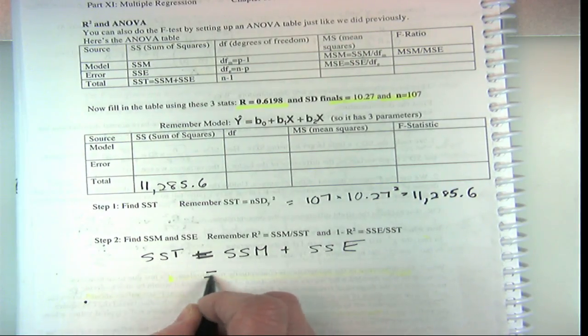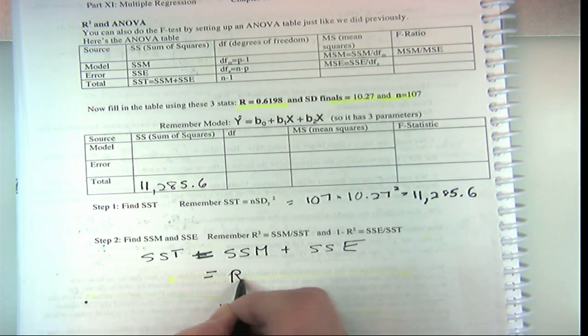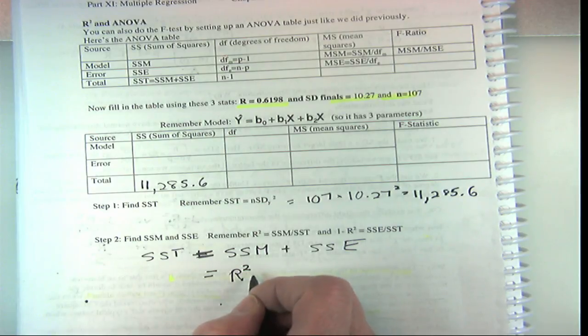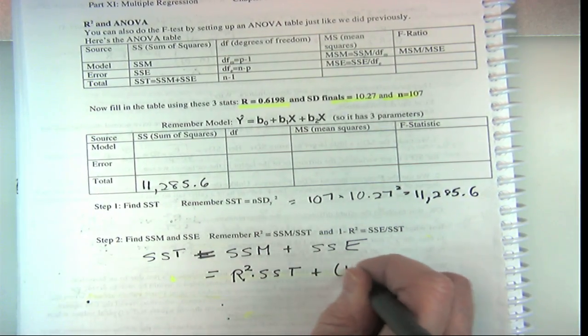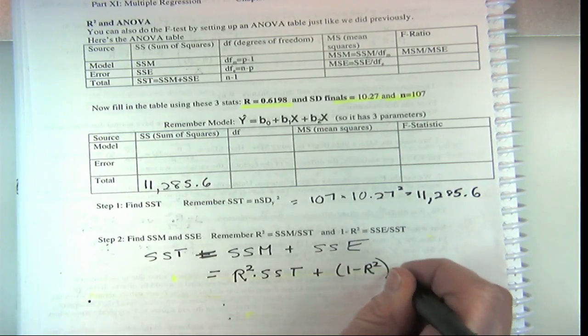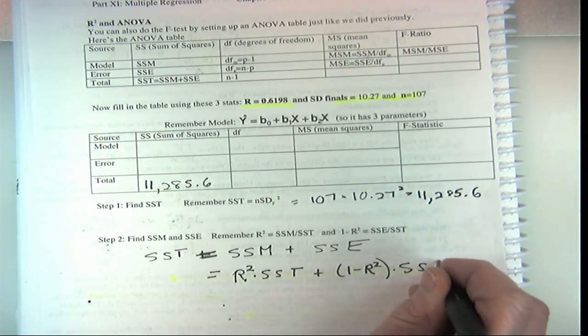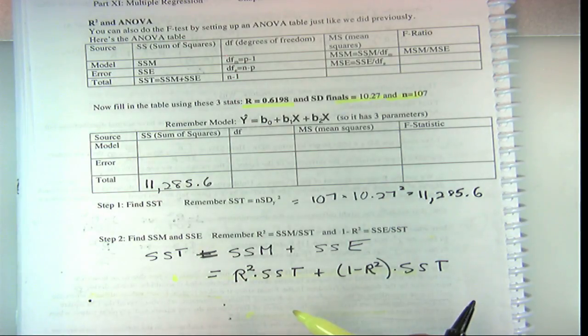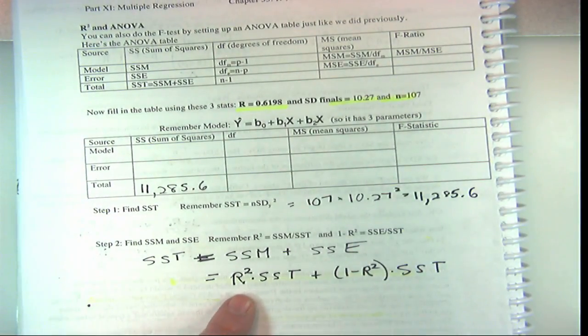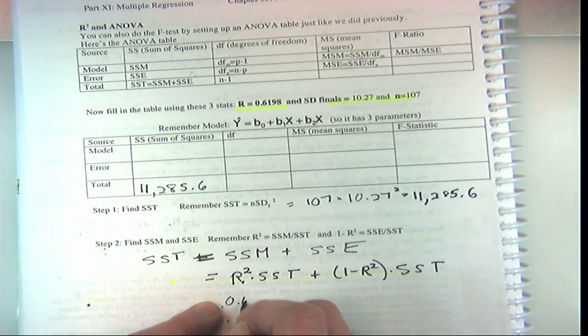And the way that we do it related to r squared, once you know r squared, is this is r squared times SST, and this is 1 minus r squared times SST. So now we know r squared, because we know r was 0.62, and so that's squared.